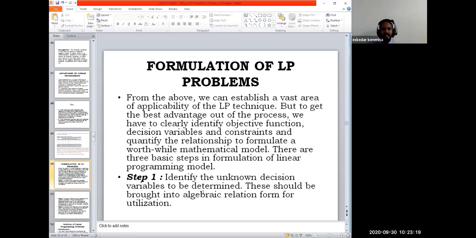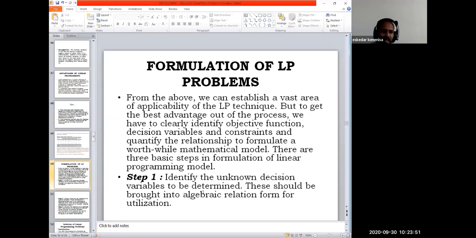From the above you can establish the vast area of applicability of LP techniques, but to get the best advantage out of the process we have to clearly identify the objective function, the decision variables, the constraints and resources, and quantify the relationship mathematically.